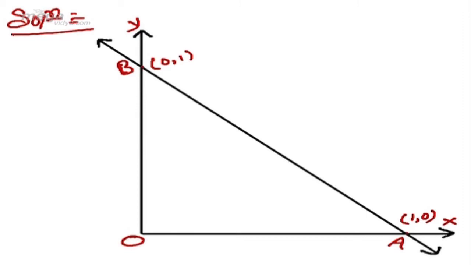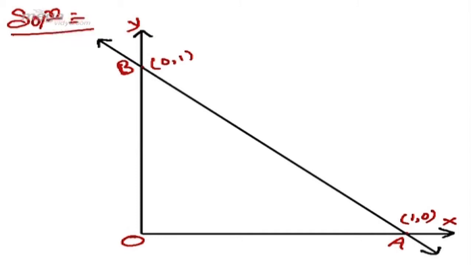The equation x plus y is equal to 1 meets the coordinate axes, the x axis at the point A and the y axis at the point B. Because the equation of the line AB is x plus y equal to 1, the intercepts cut by the line on the x axis and y axis will both be 1, and hence the coordinate of A will be (1, 0) and the coordinate of B will be (0, 1).